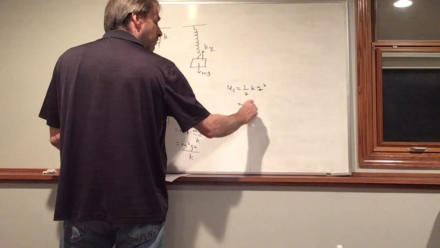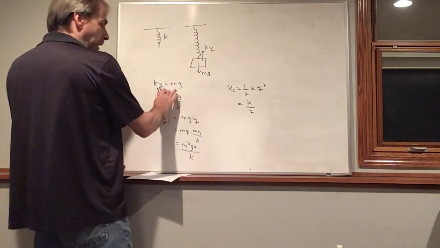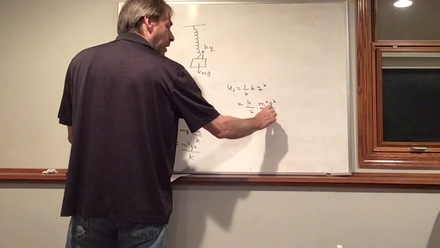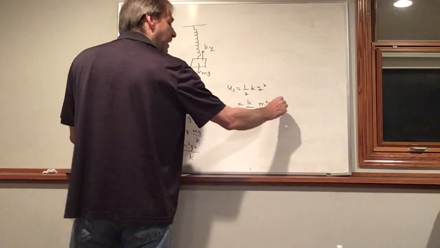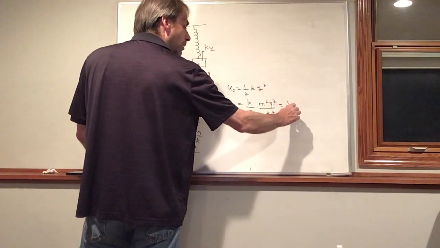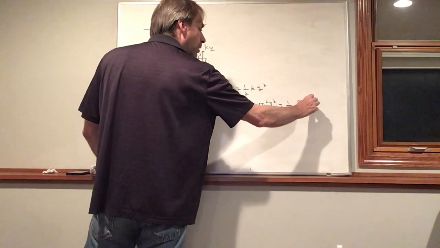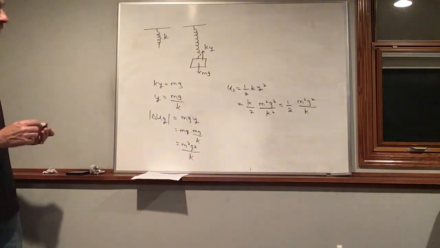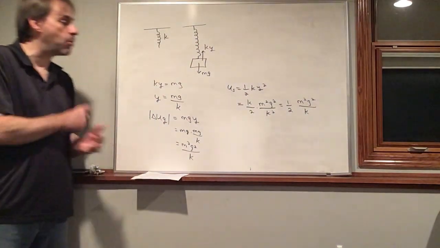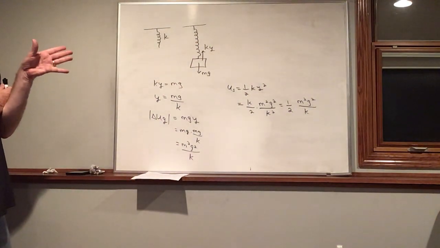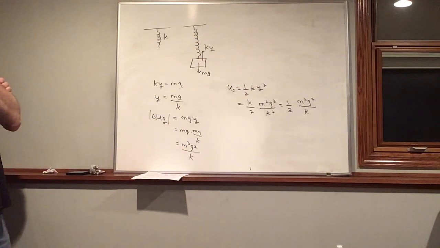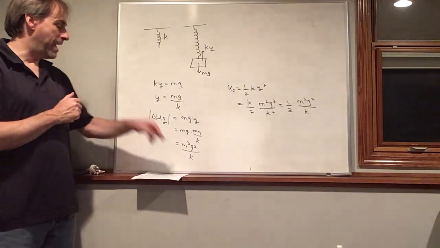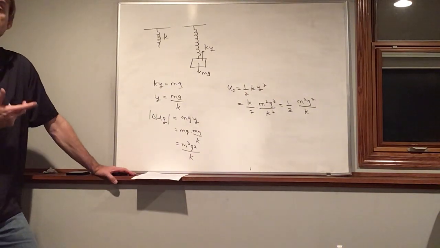So we'd have k over 2, and then m squared g squared divided by k squared. So one of the k's cancels out. So we'll have 1/2 m squared g squared over k. So again, we're showing exactly what they wanted us to do. The spring potential energy changed by 1/2 m squared g squared over k. So 1/2 the change in gravitational potential energy.